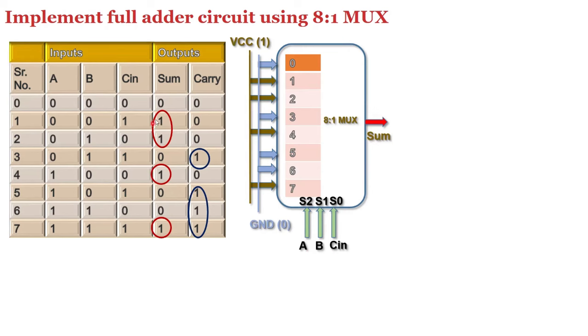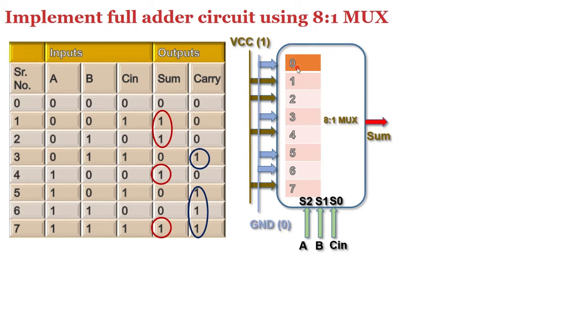Then we come back to this column and see that the data inputs 1, 2, 4, and 7, for which the min terms are marked here, you see here, they are connected to the VCC by this brown color. Data input lines 1, 2, 4, and 7 are tied to VCC, that is logic 1.